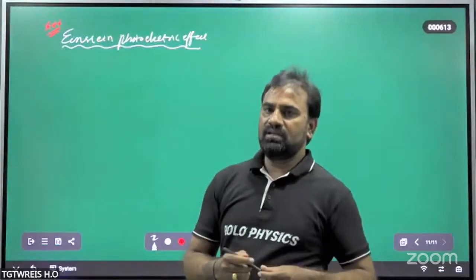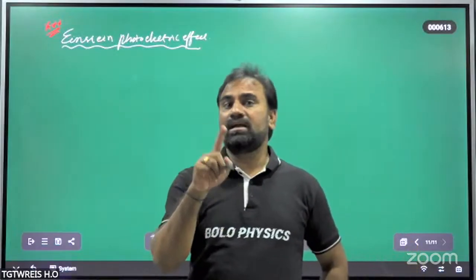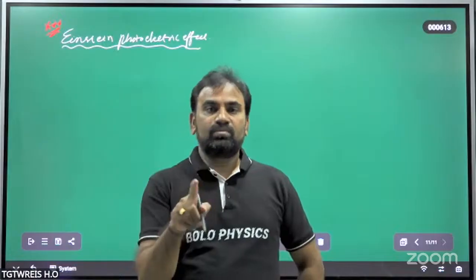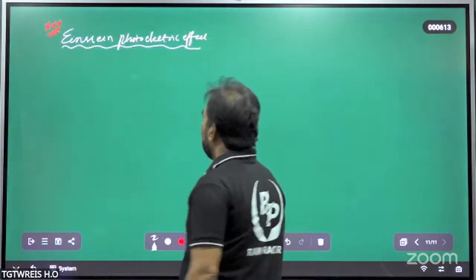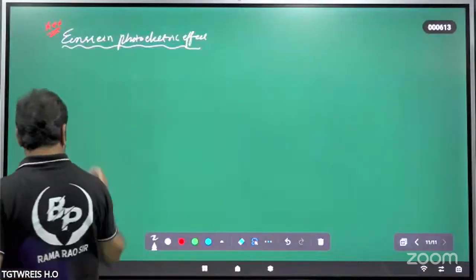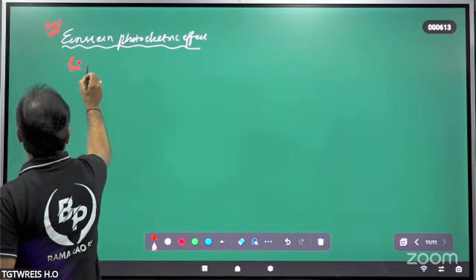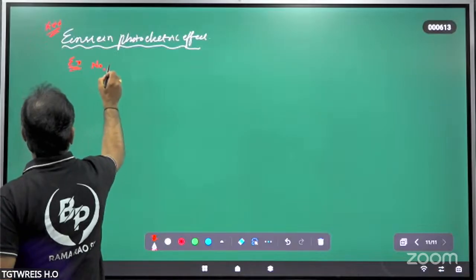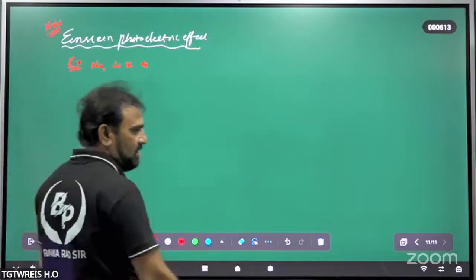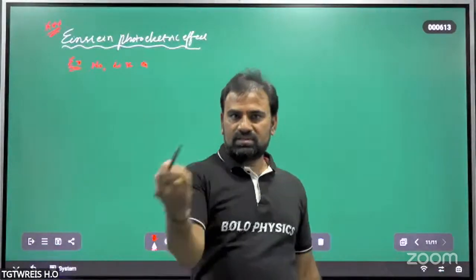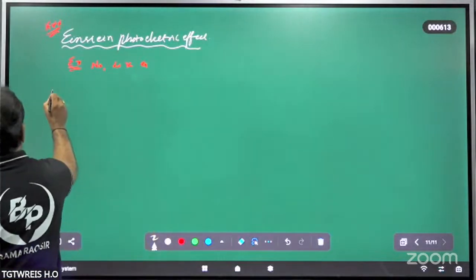What are alkali metals? A metal having a single electron in its outermost orbit is called an alkali metal. Examples of alkali metals are sodium, lithium, potassium, and so on. Consider sodium.